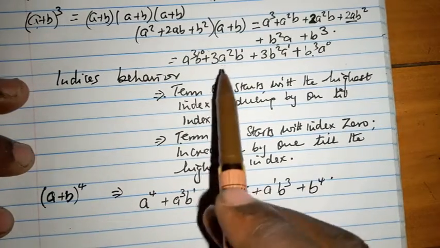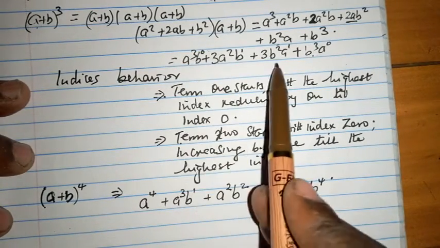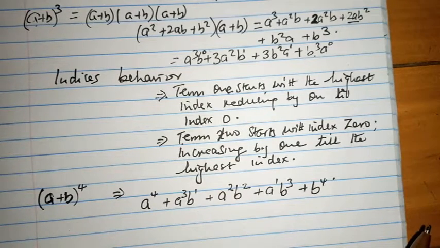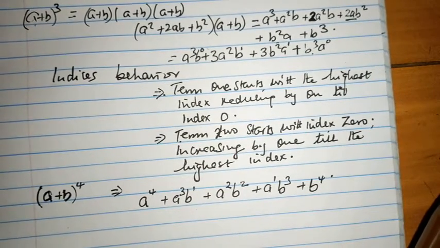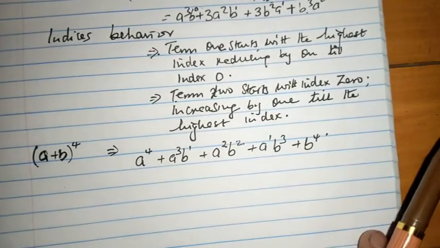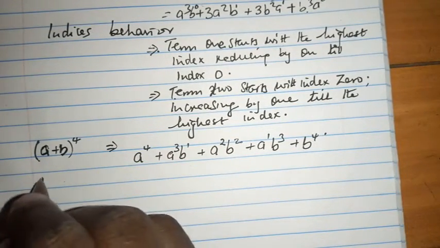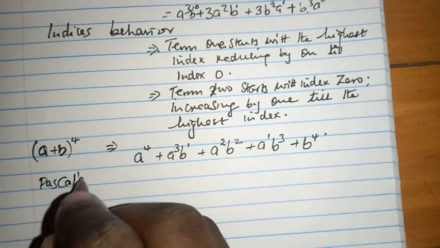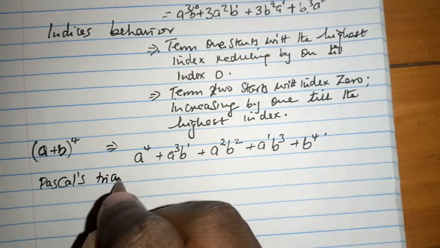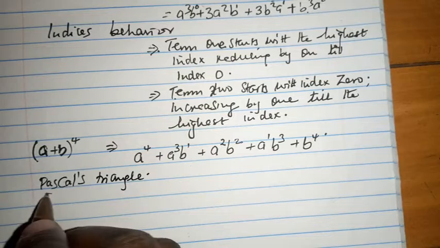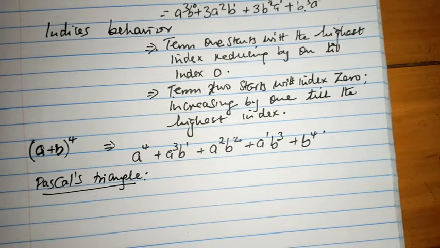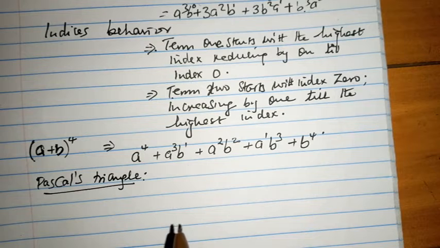These coefficients, 1, 3, 3, 1, will come from a very, very interesting introduction here, and that's what we call Pascal's triangle. Pascal's triangle gives the coefficients of the binomial expansion.